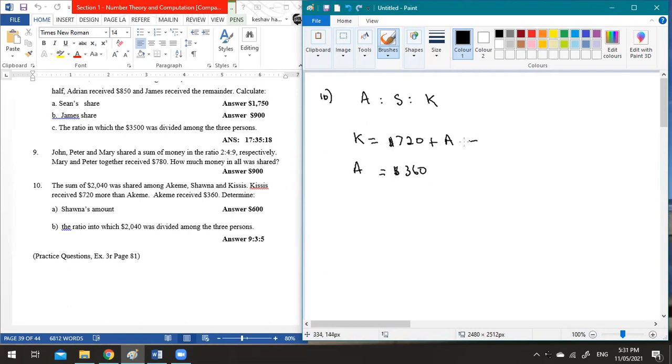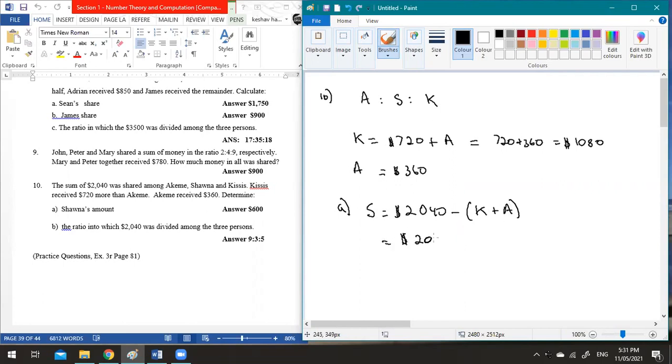So before we can determine Shauna's amount, we have to determine how much Kisses got, right? So this will be 720 plus the 360, $1,080. So Shauna would have got the total amount, which is $2,040, subtract the sum of these two, Kisses plus Akeem.